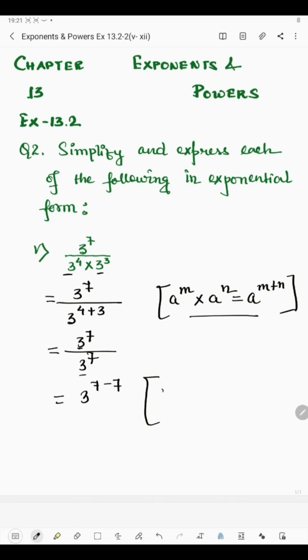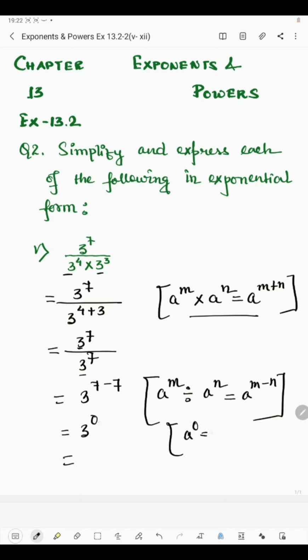So it will be a to the power m minus n. So here it will be 3 to the power 7 minus 7. So 7 minus 7 is 0. Now anything to the power 0 is 1. So 3 to the power 0 is 1.